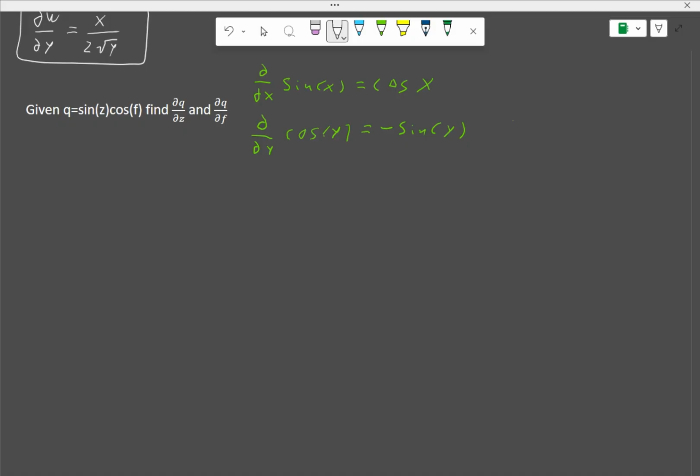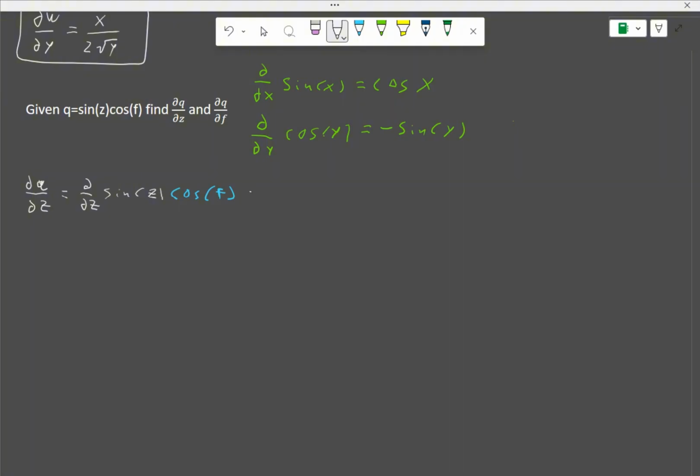So keeping this in mind, when we take the partial derivative of q with respect to z in our equation, we will just take the derivative of sine of z, and then we'll write this as our constant, the cosine of f.